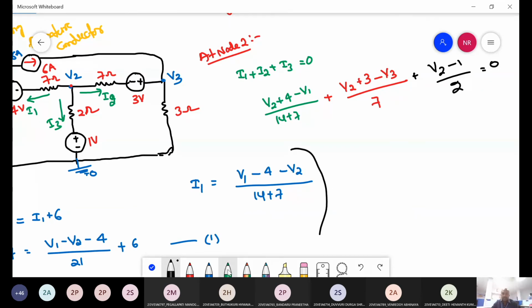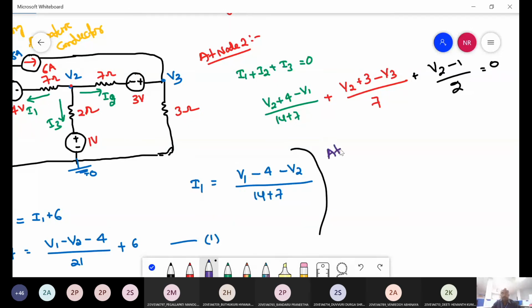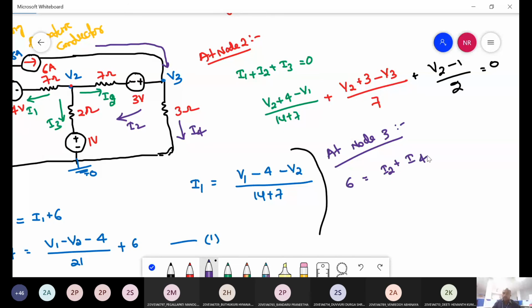Then at node 3, here already 6 amps from this upper path is entering, right? So 6 is equal to, assume that here it is I2 current, and here I4, that is I2 plus I4.